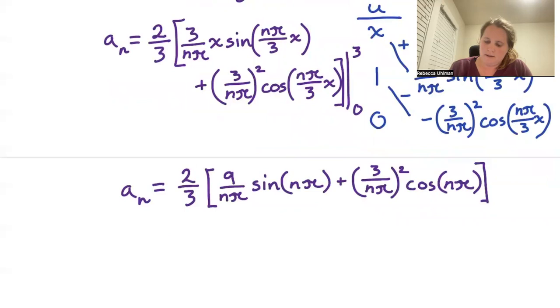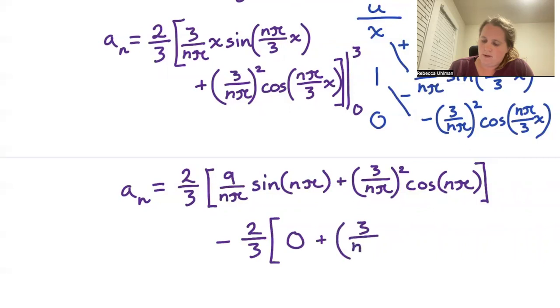Then minus 2/3 times 0. Since we have a 3 over n pi x, plugging in 0 will give 0, plus, in parentheses, 3 over n pi squared times cosine of 0.